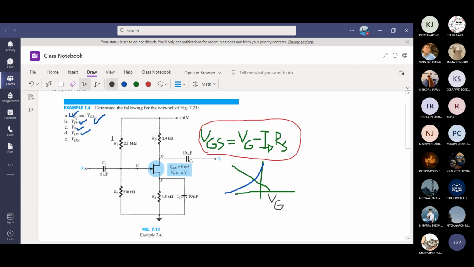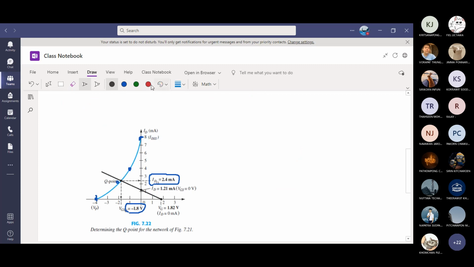At the same time, you have to draw the blue curve, the Shockley curve, with IDSS of 8 milliamp and VP of negative 4 volts. VGS is 0, ID is 8. VGS is negative 4 volt, ID is 0.